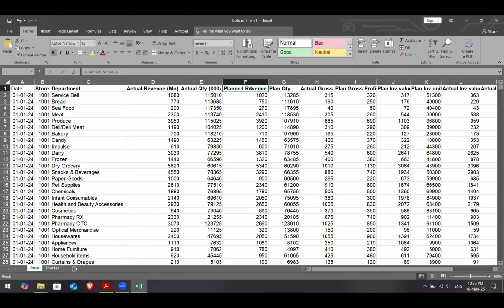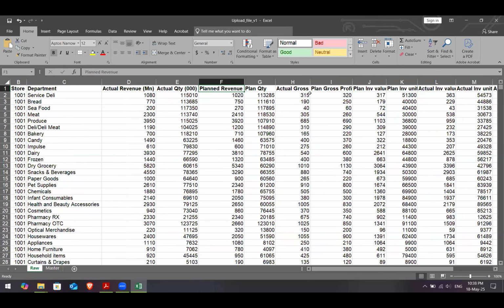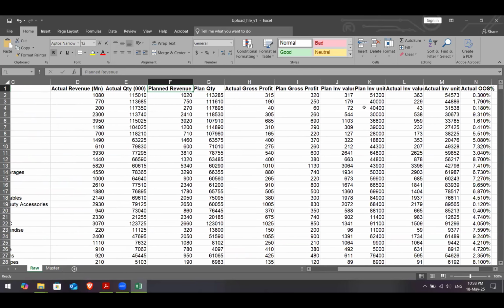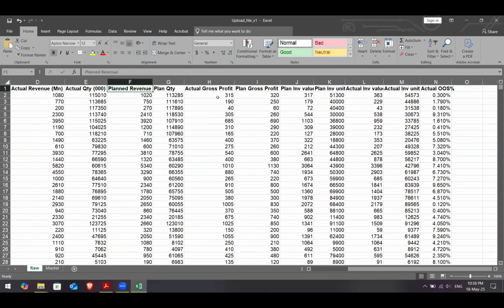They'll have a planned revenue for every department. For breads, like wheat breads or milk breads, they'll have planned revenue and actual revenue. Then quantity: they assume we have to sell this much quantity, and the actual quantity sold would be different. And the planned and actual gross profit, meaning how much profit they earn. These are all in millions now. Whatever metric they want, we can adjust accordingly.